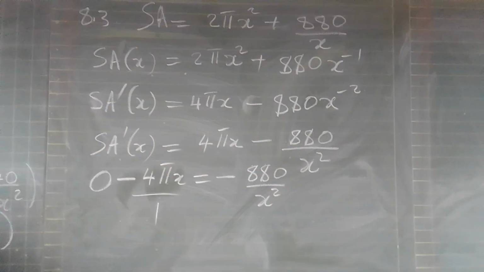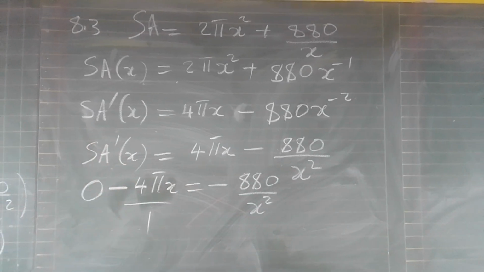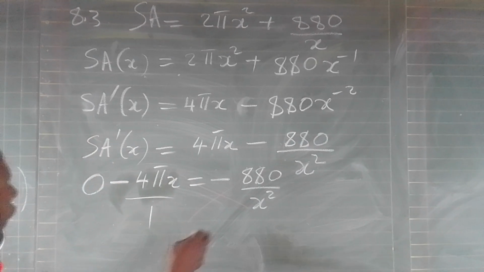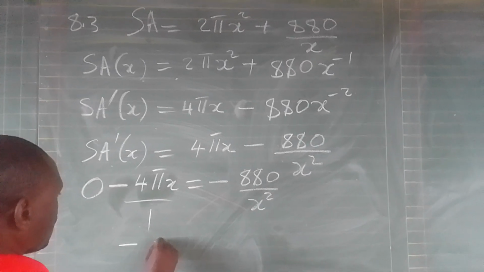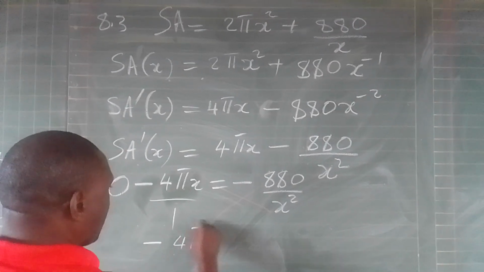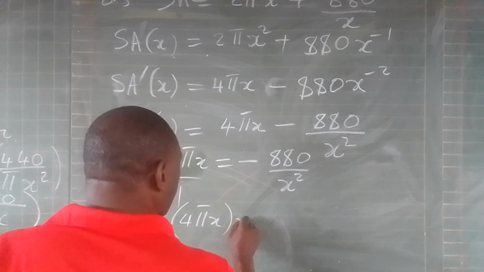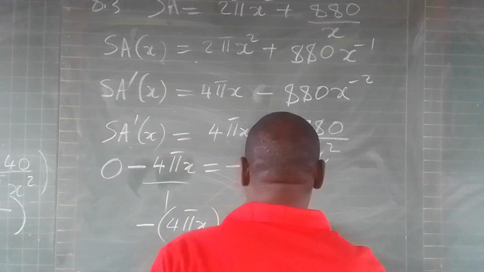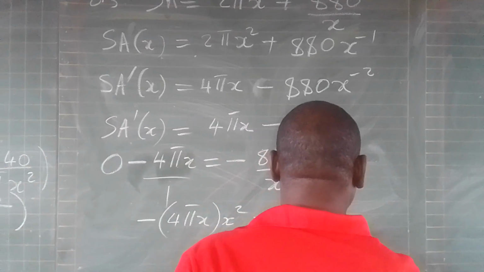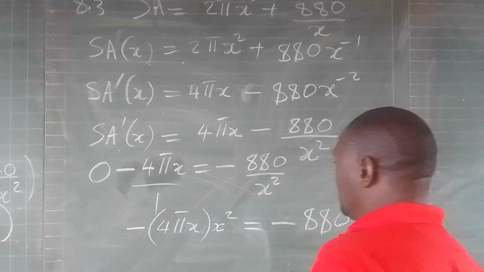This is going to be a minus 4 pi x multiplied by x squared is equal to a minus 880 multiplied by 1.